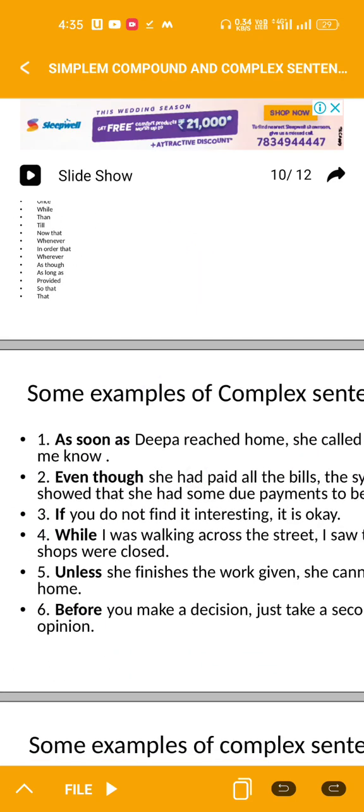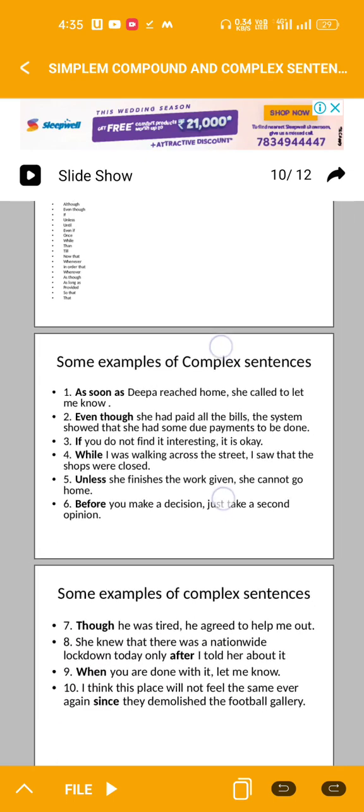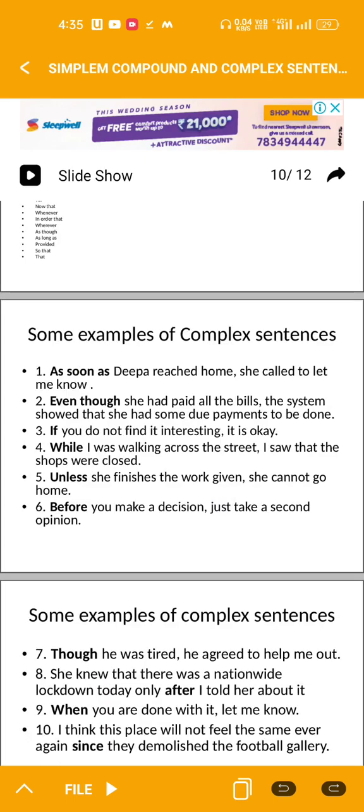So here are some examples of complex sentences. As soon as Deepa reached home, she called to let me know. Now, as soon as, this is a subordinate conjunction.